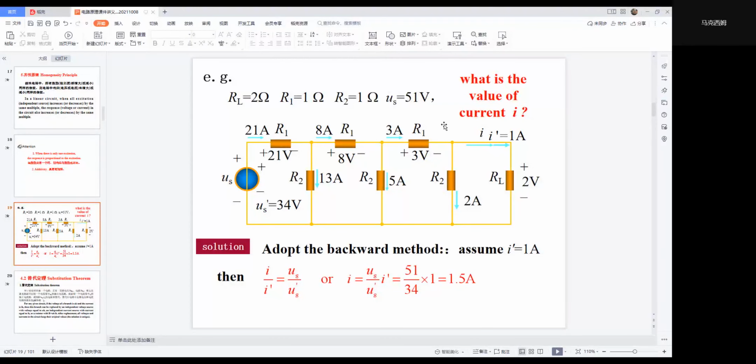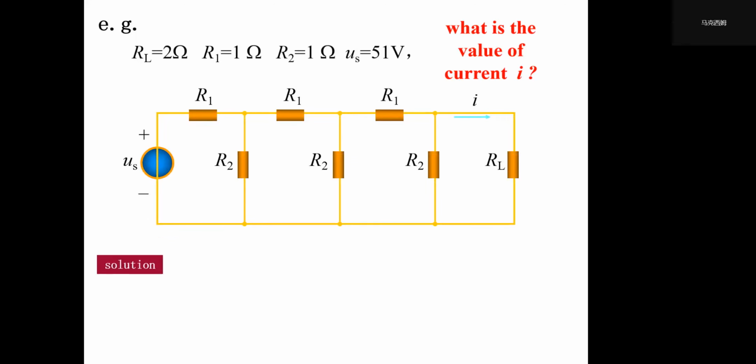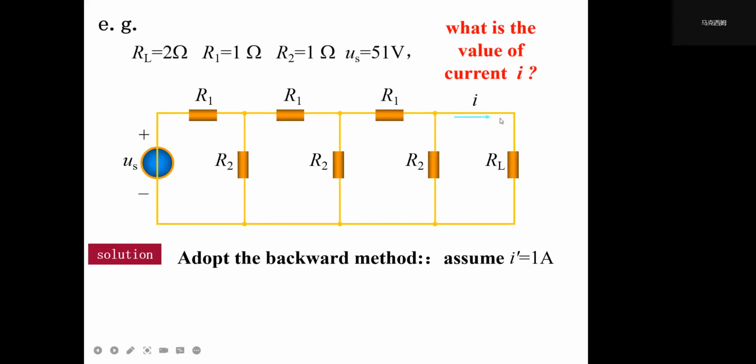Let's see. So we can just assume I dot to be 1 ampere, and from the relationship between all those resistances, we know that this one is 2, this one is 1.